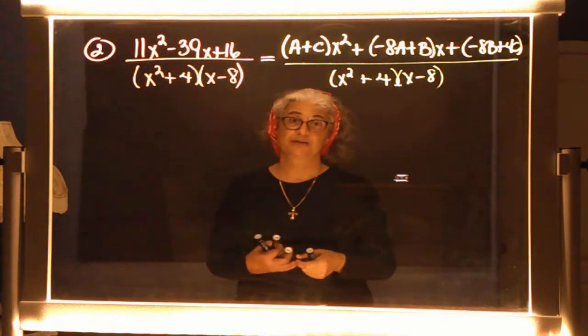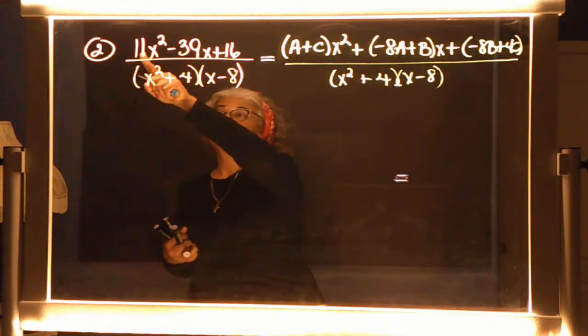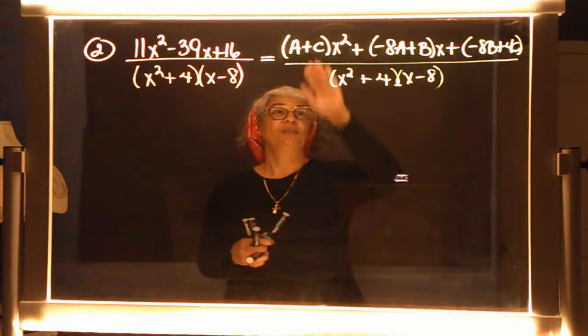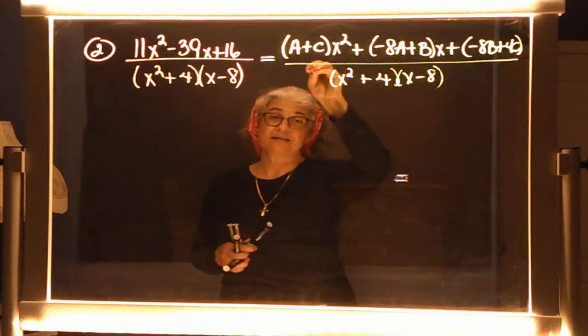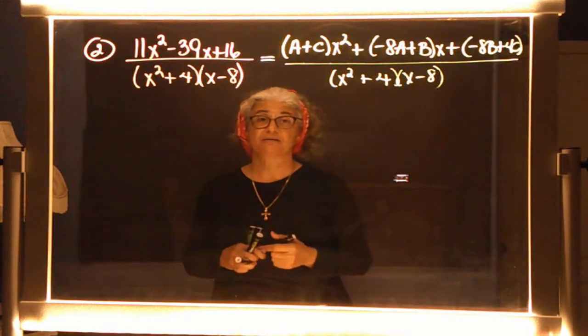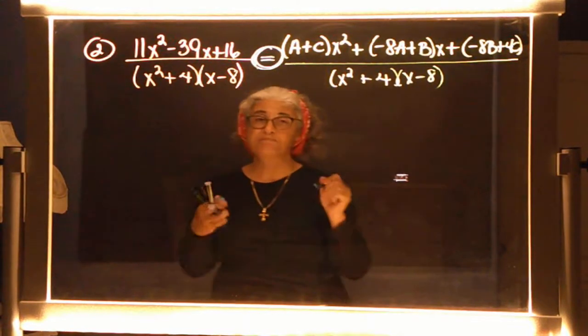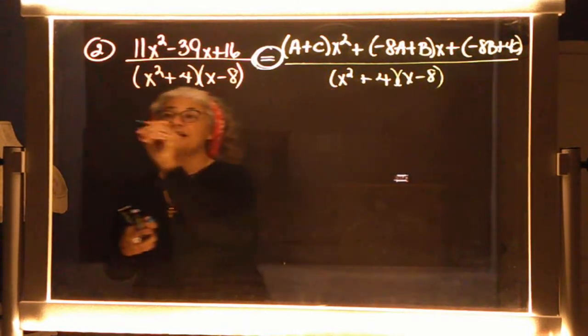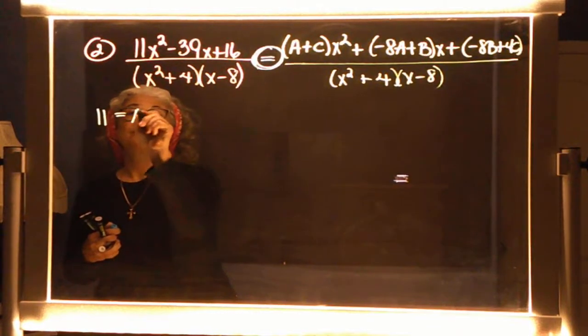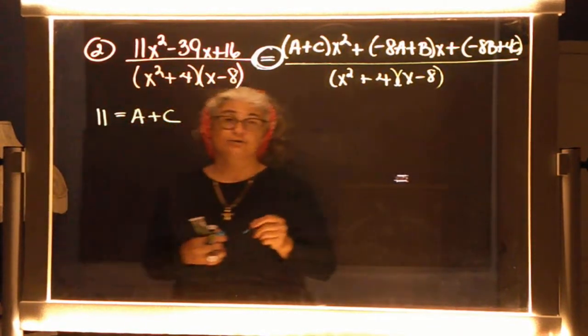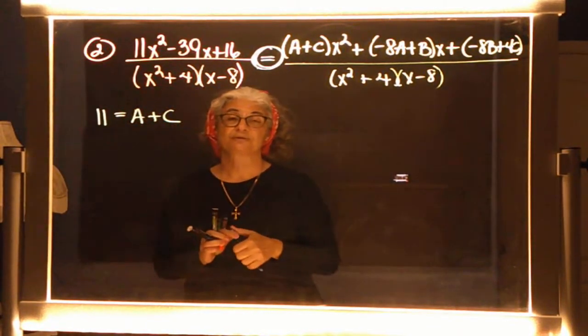Well, notice something. This has an 11x squared, doesn't it? On this side, I have a plus c in front of x squared, don't I? Which means what has to be true? If these guys are supposed to be equal, what must be true? Yeah, the 11 must equal the a plus c in order for these to actually be true.